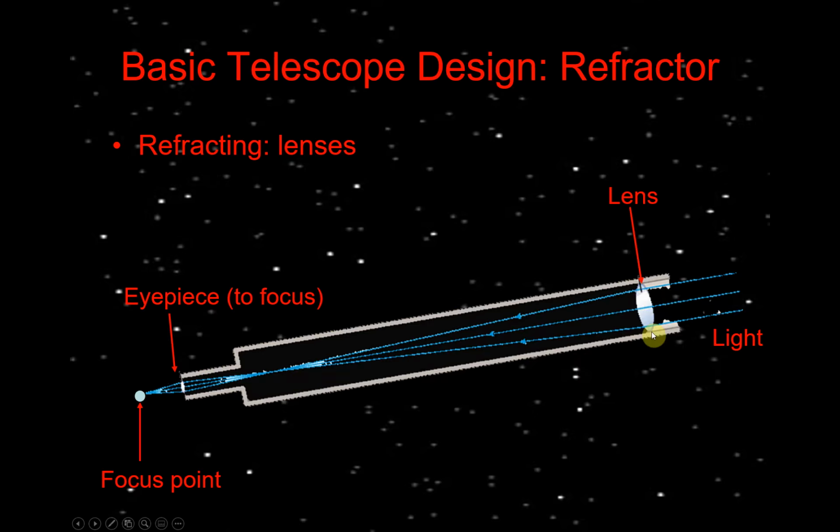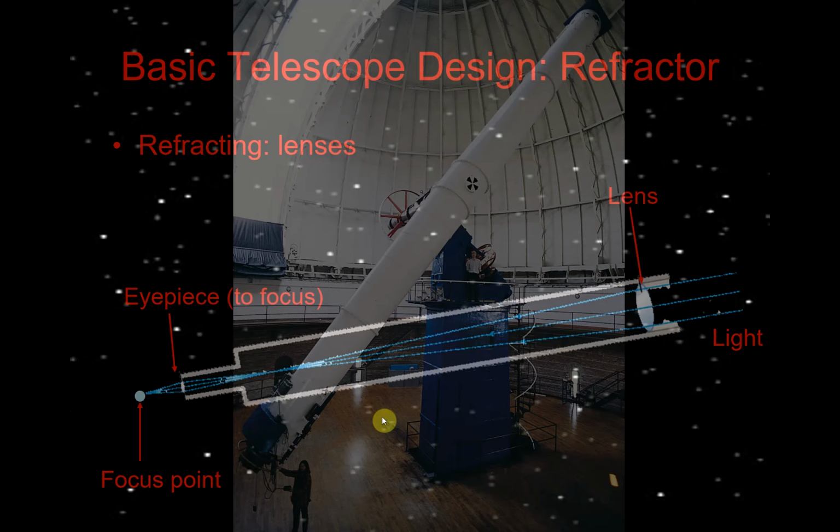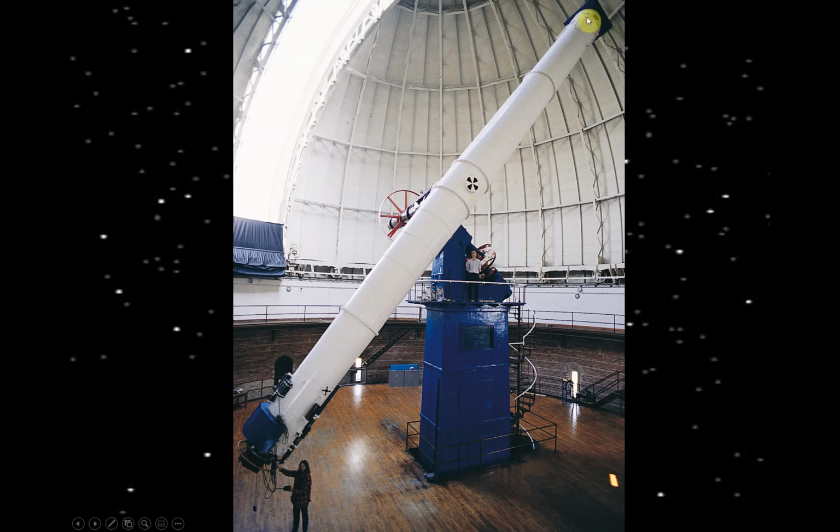So if this was an even bigger lens, the point where the light comes to sharp focus would be over here somewhere. And that means if you build a really big refractor like this one, which has an enormous lens in the front, that means you have to have a very long focal length to bring the light to a sharp focus.